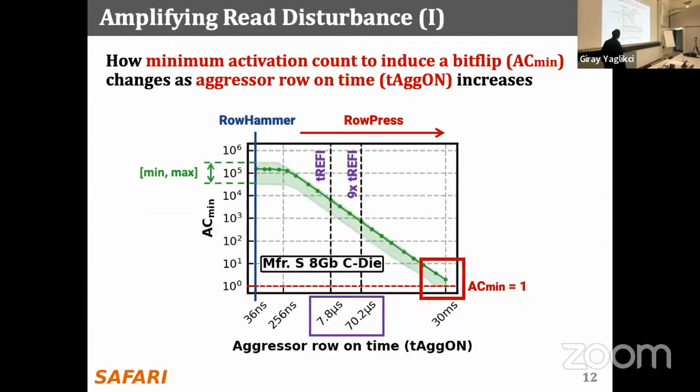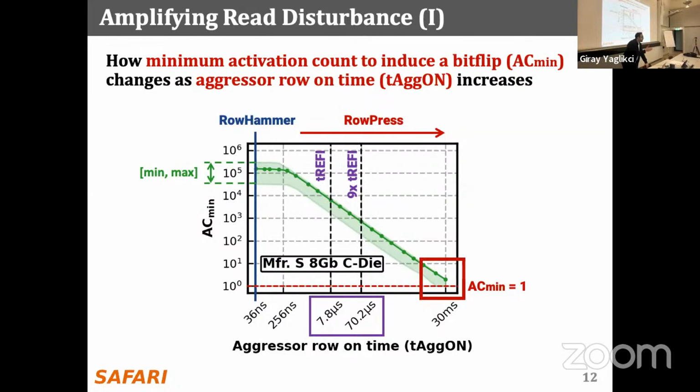The line from 70.2 microseconds to 30 milliseconds, is that extrapolated or actually observed? This is based on the FPGA-based experiments, right? So we can easily go to 30 milliseconds. It's a very easy test to do on an FPGA-based platform. So this is real data from real chips. It's not extrapolation. It's FPGA based, but it's actually a real DRAM chip, yes.